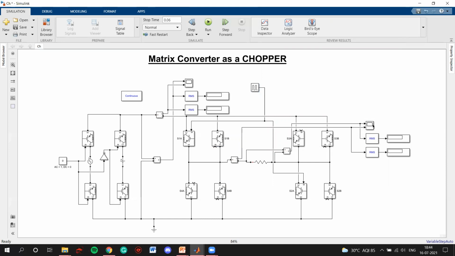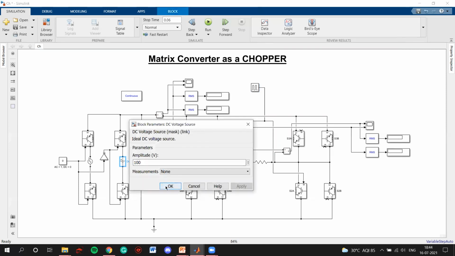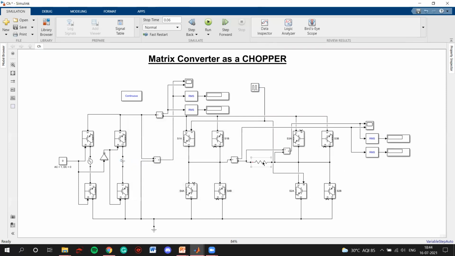And now the DC input voltage is 100 volts. Load resistance is 10 ohms, right? So okay, we are good here. Let's see what our output is.